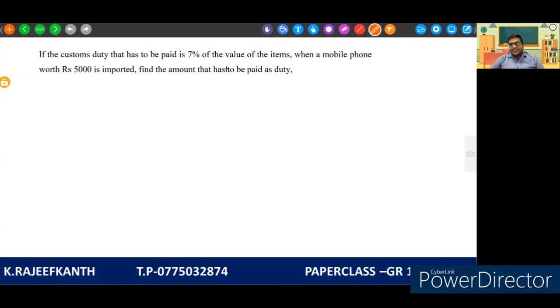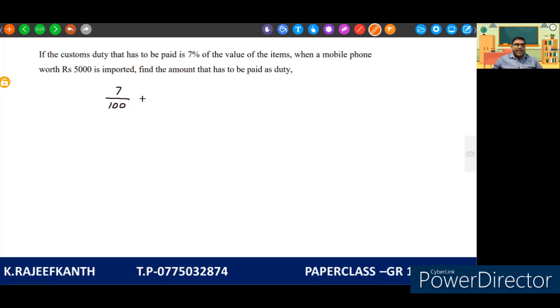Here we have to pay 7% of the value of the items. Here the value is 5,000, so we have to find the duty. For 100 rupees, we have to pay 7 rupees because here it is 7%, no? So for 100 rupees, we have to pay 7 rupees as duty.